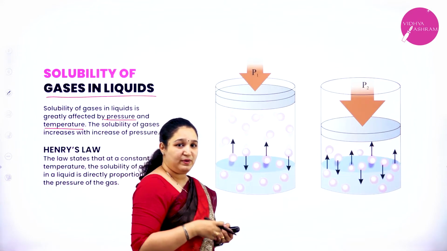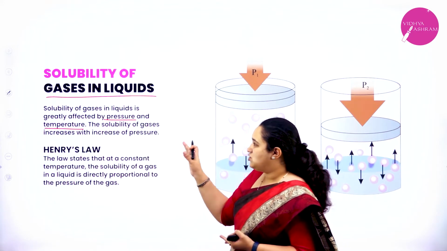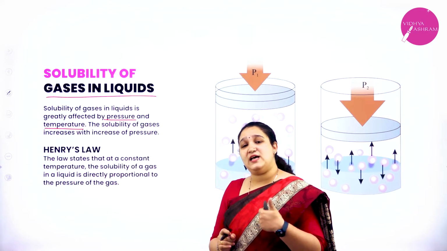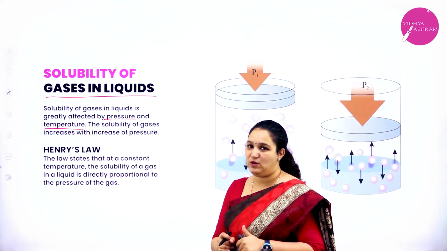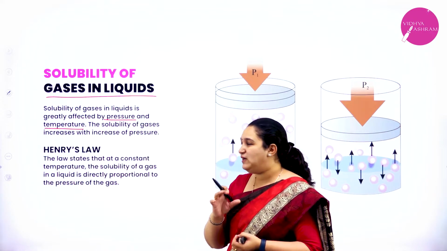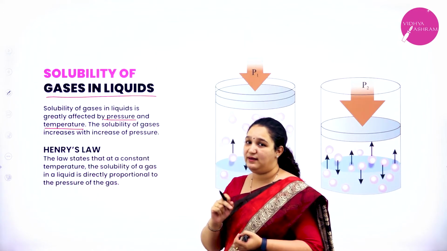Again, the nature of the gas as well as the solvent also affects the solubility, which we are not studying in much detail. So we will be learning more about the effect of pressure and temperature.